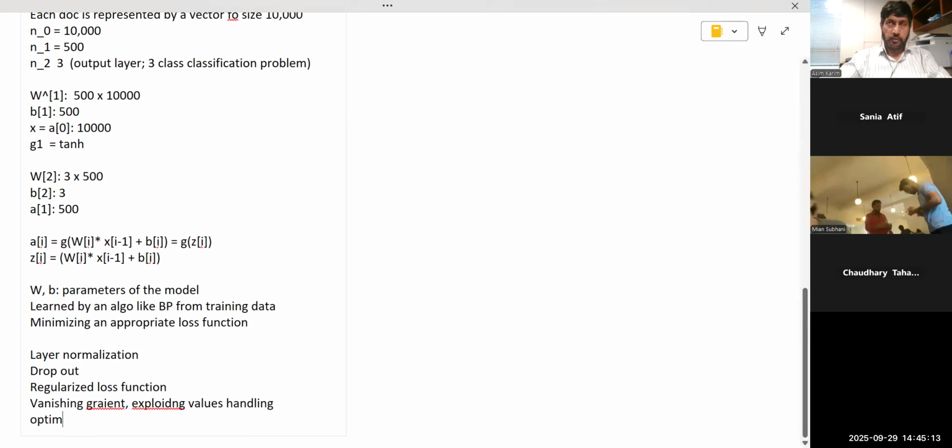And then optimization में various techniques हैं. I talked about adaptive, momentum based, stochastic gradient descent, and there are others as well. So all of these can be used in practice. आपकी implementation में ये सारे options available होंगे.